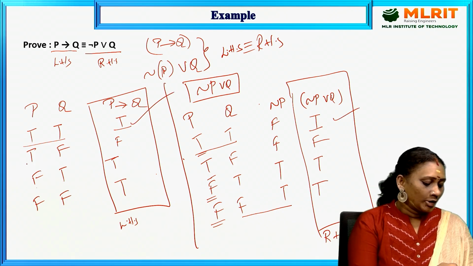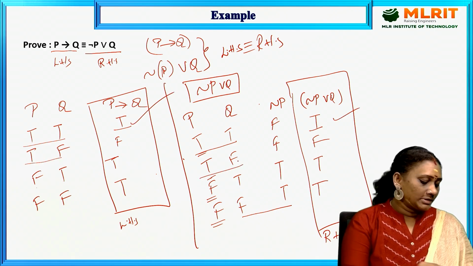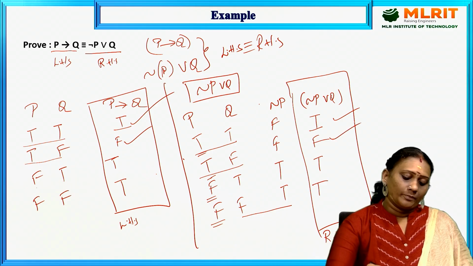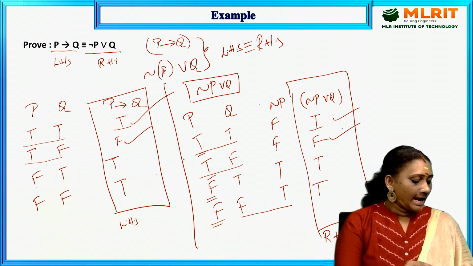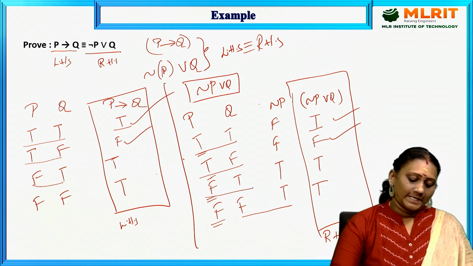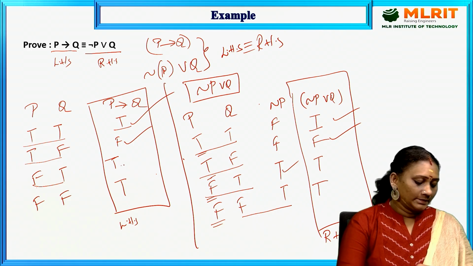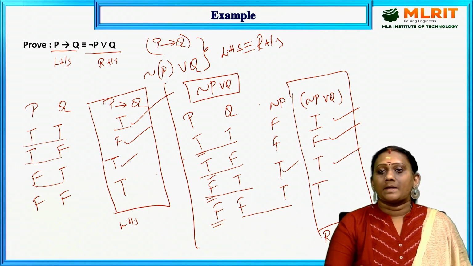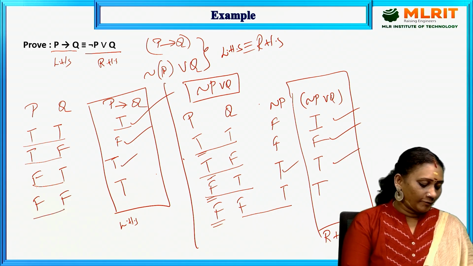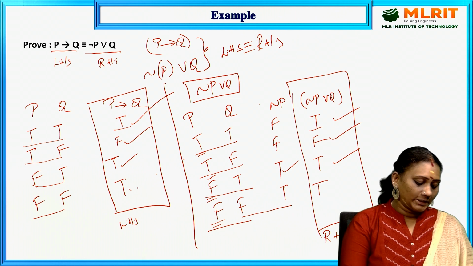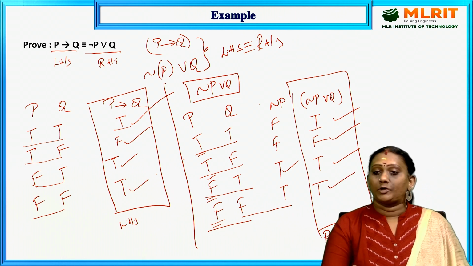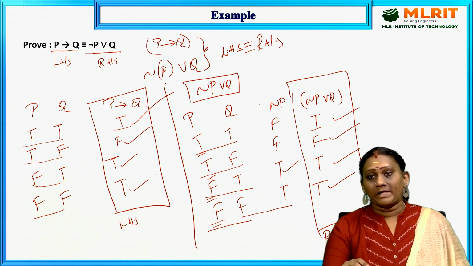Next, true and false, the output is false, and here it is false, matching. False and true, it is true here and true there, matching. And false and false, the output is true here, and true there. So these are matching for all combinations of input states.